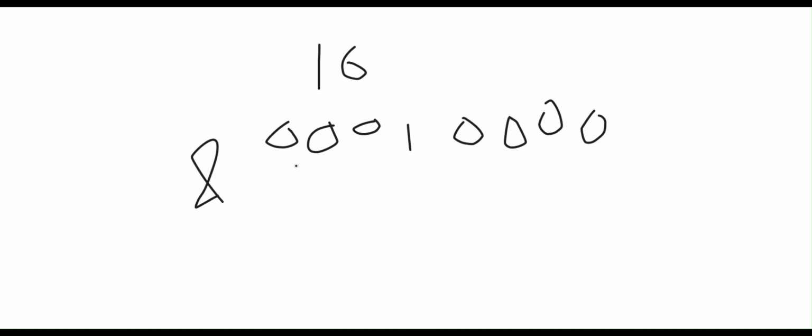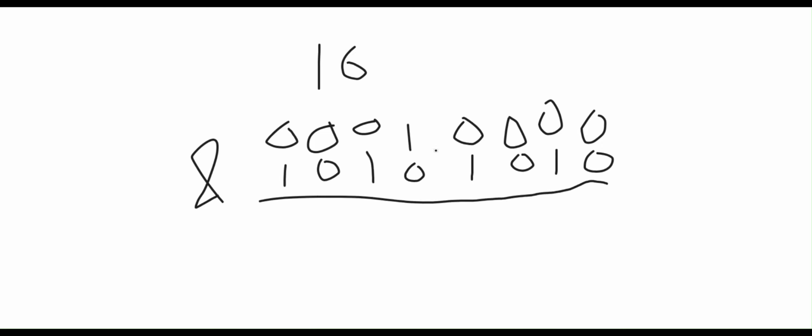For example, let us consider this number. This is an even position, so it will be 0. This is an odd bit position, so it will be 1. This is again even, so it will be 0. This is odd, so we'll put 1. This is even, so 0. This is odd, so 1. It is even, so 0, and this is odd, so we'll put 1. So if we AND these two numbers, it will result in 0.